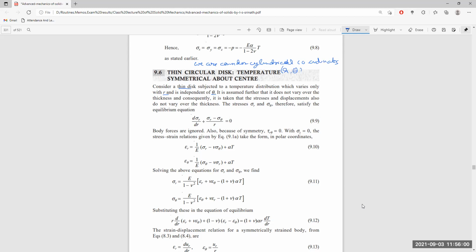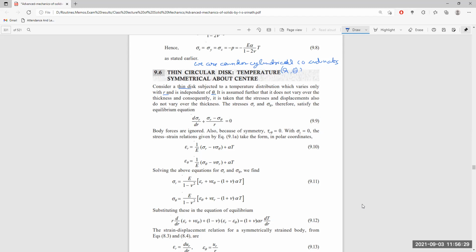Our assumption is that temperature varies only radially, from the center where r is equal to 0 to the radius R. So the strain and displacement also take place in the r direction, and this temperature variation is totally independent of theta.